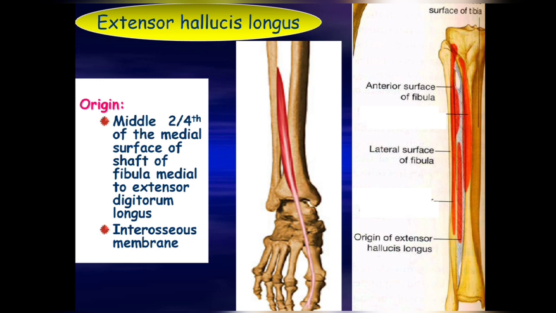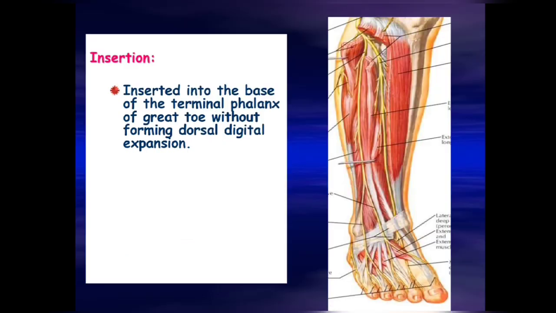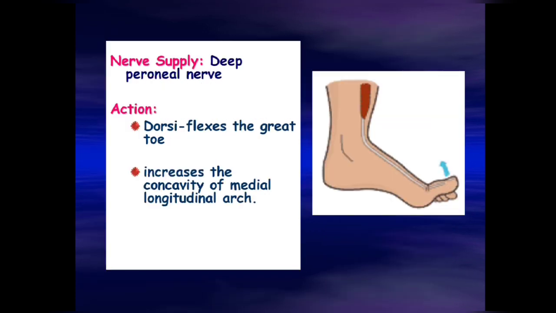Insertion is into the base of terminal phalanx of great toe without forming dorsal digital expansion. Nerve supply by deep peroneal nerve, and action is it dorsiflexes the great toe and increases the concavity of medial longitudinal arch.